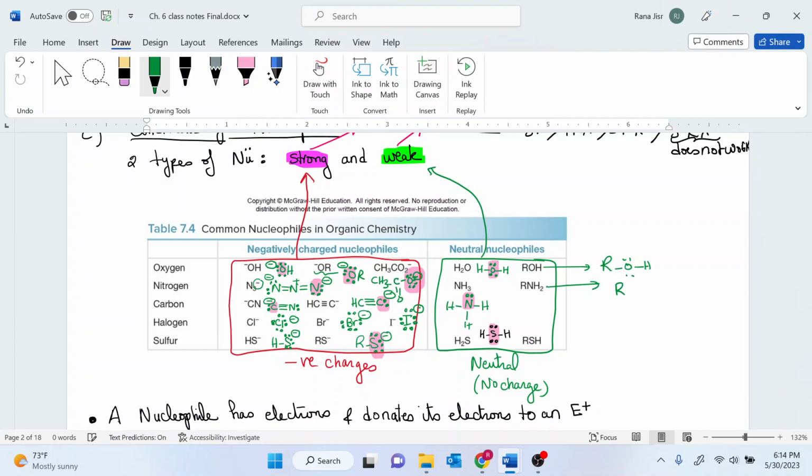The amine, this is a primary amine. When you identify your functional groups, please identify the type of the functional group that you are working with as well. And this one is similar to water, but instead of one of the hydrogens, I am replacing the hydrogen with the R. So all of those share one thing, which is the lone pairs on the electronegative element. So they don't have a charge. Because they don't have a charge, I'm going to call those neutral nucleophiles.